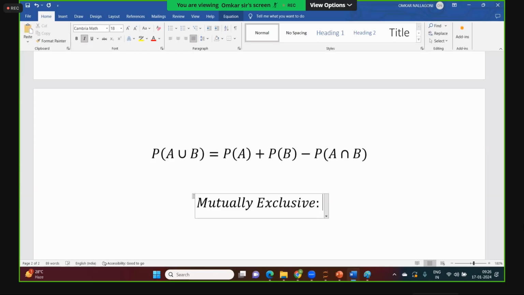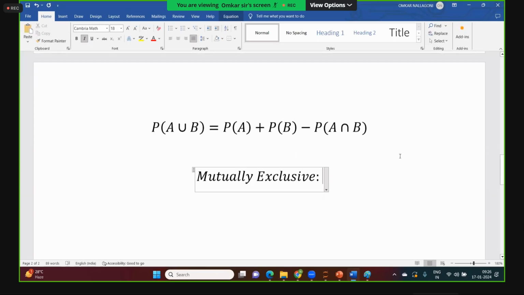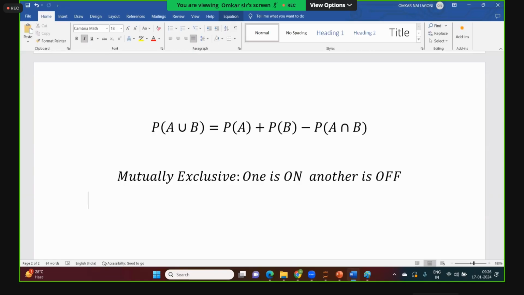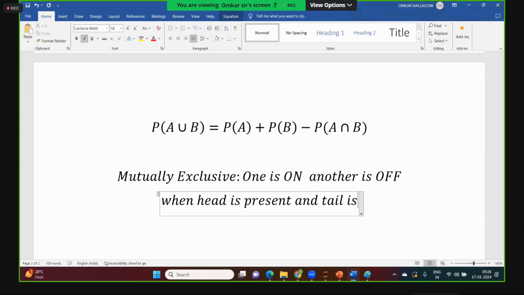Mutually exclusive means one is on, another is off. Simple, you can say that. That means when head is present, automatically which is off? Tail is off.